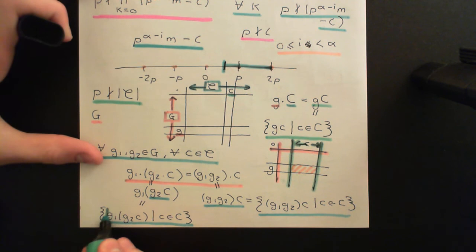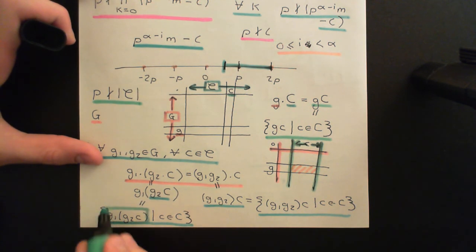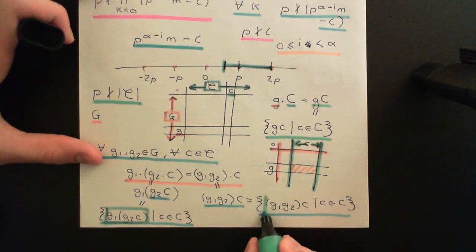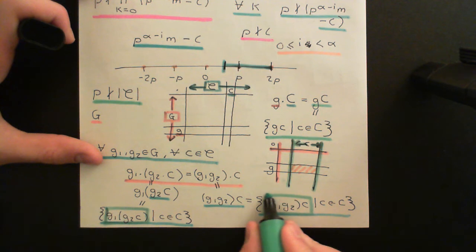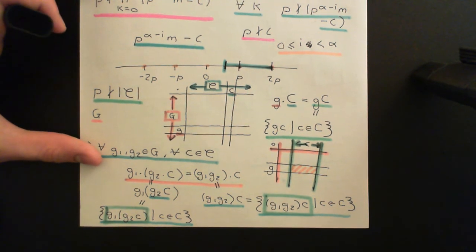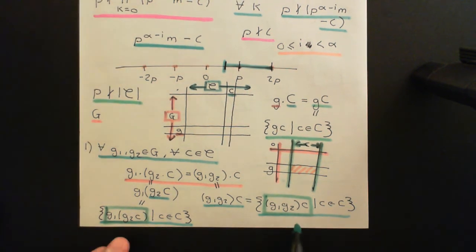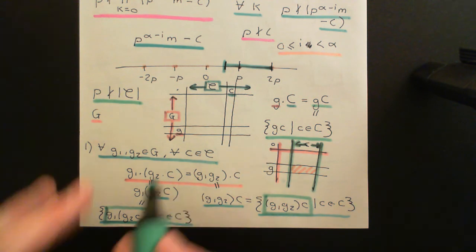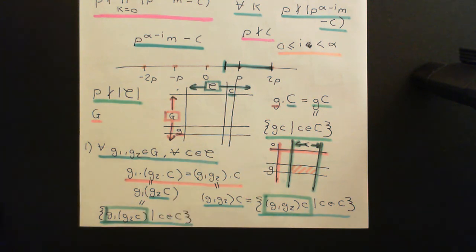So this thing here, g1 composed with g2 composed with c, is the same as g1 composed with g2, and then compose the answer with c, like so. So for absolutely all c, these two things are equal to one another. This argument holds true no matter what g1 or g2 or subset capital C you actually pick. So axiom number 1 of a group action is indeed satisfied.